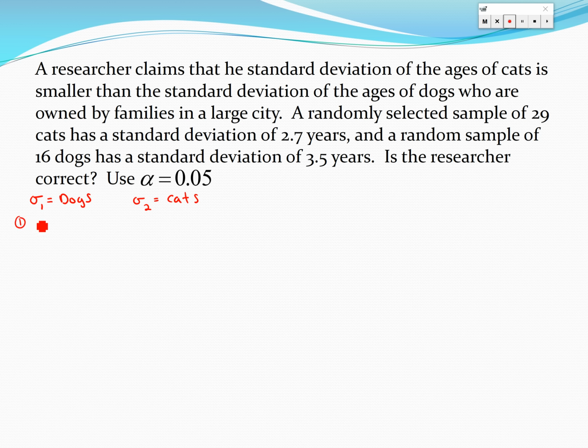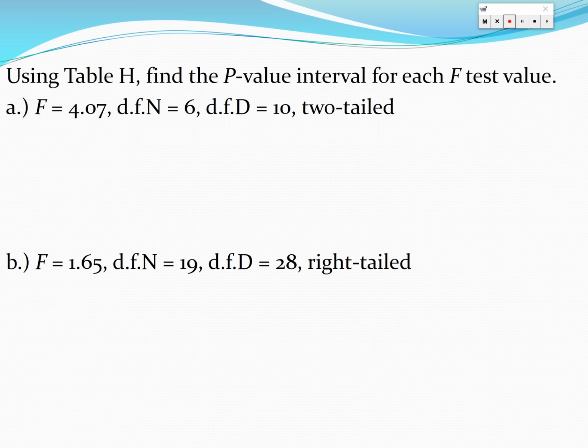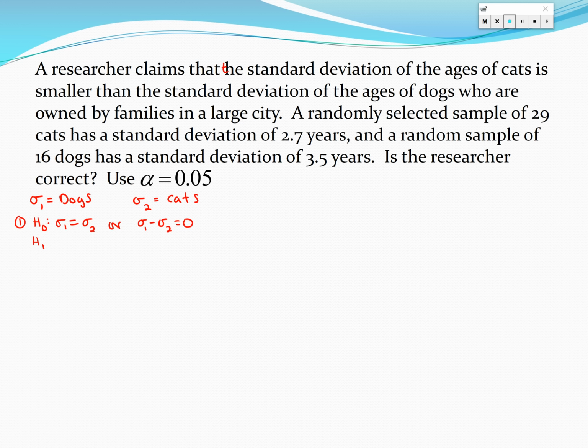So when we state our hypotheses, you have to be careful. Slow yourself down when you write that alternative hypothesis. Now we are hypothesizing about the standard deviation, so our symbol should just be the sigma without the squared. So just be careful when you write your hypotheses.